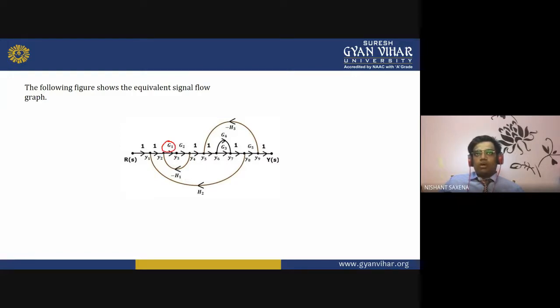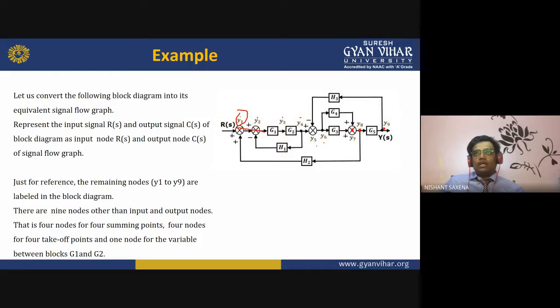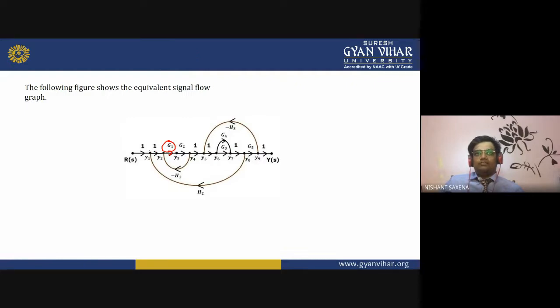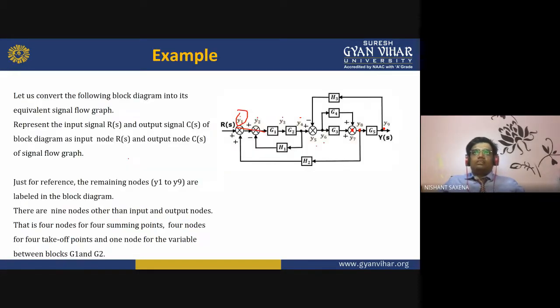The gain of the block was given, and it is now the gain of the branch. There is no block between y1 and y2, so as I told you, if there is no block between two nodes, we assume unity. Between y1 and y2 there is one unity gain, as we can see in this. So this is your equivalent signal flow graph for this transfer function.